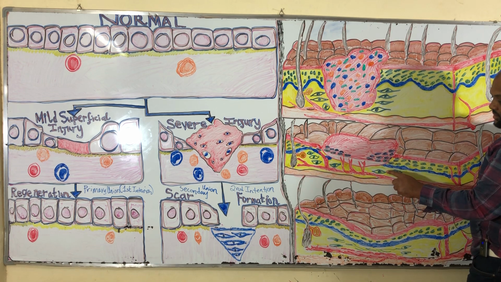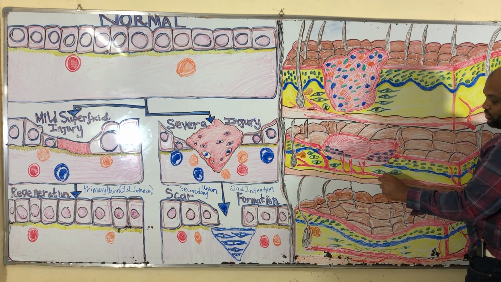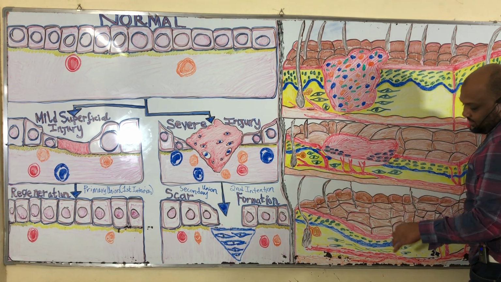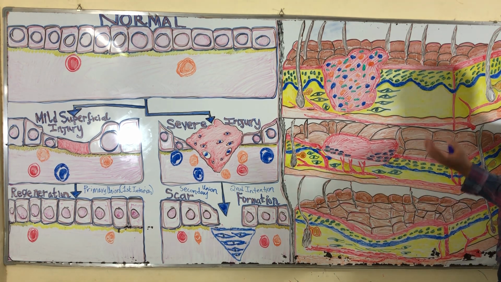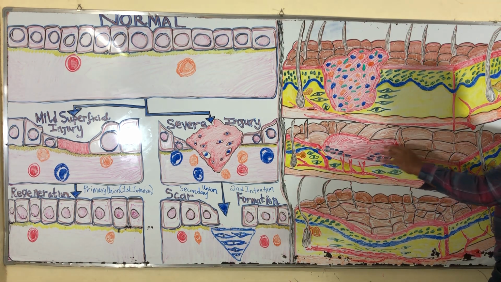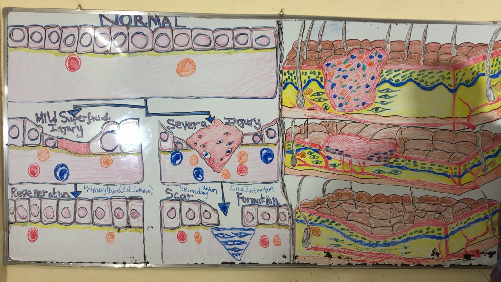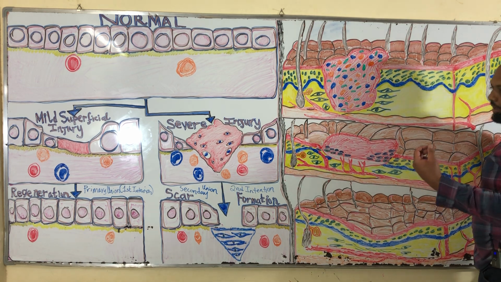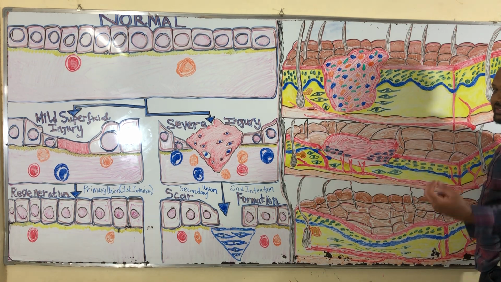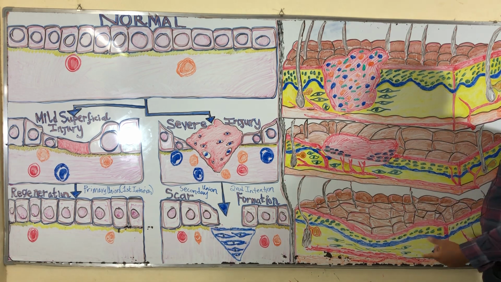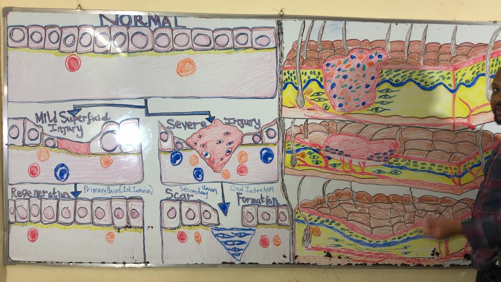And the macrophages would secrete TGF beta that causes the fibroblasts to deposit collagen, and it deposits a form of collagen that is called collagen type 3. So it's a little bit weaker for the initial stages, but in the end the collagen is replaced with collagen 1.